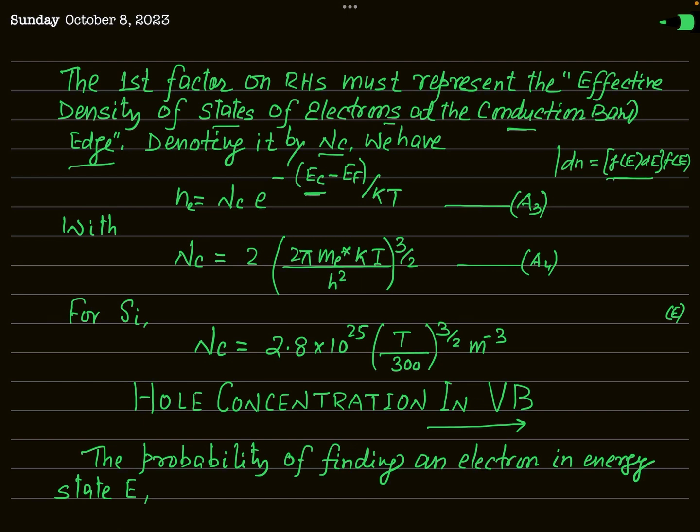Why conduction band edge? Because EC is at the bottommost edge of the conduction band. We denote this density of states by the symbol Nc.